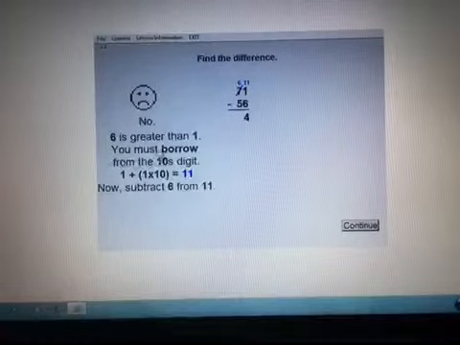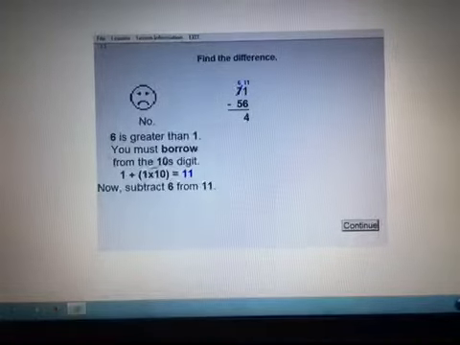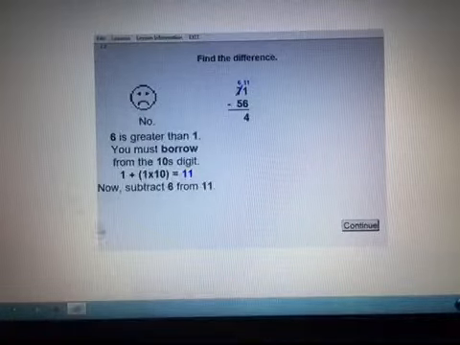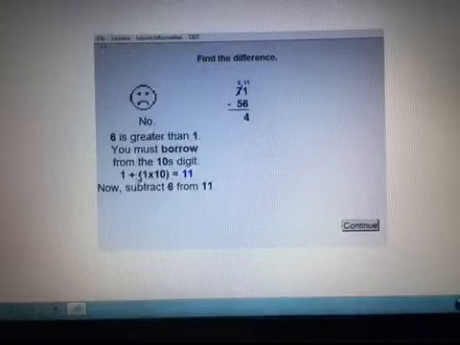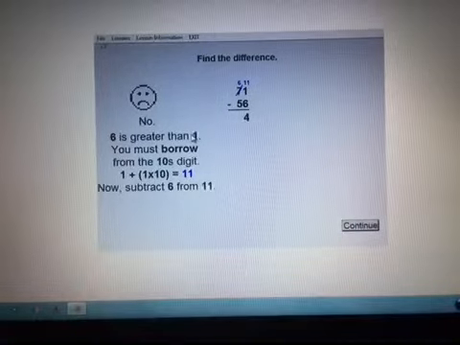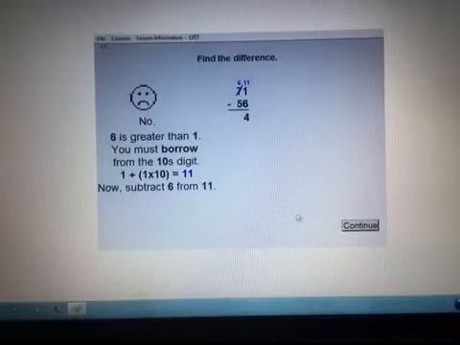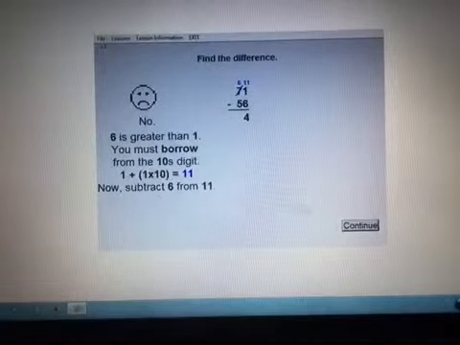So we have an explanation. 6 is greater than 1. You must borrow 1 plus 1 times 10. So we're getting a lot of different concepts in the feedback for the specific problem. Subtract 6 from 11.